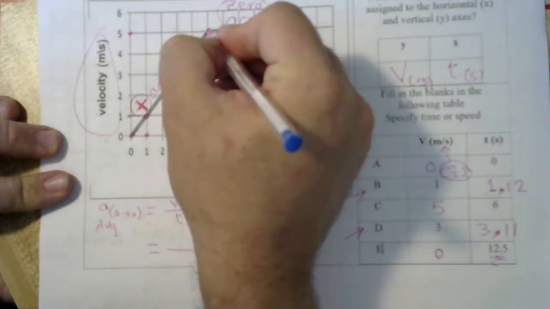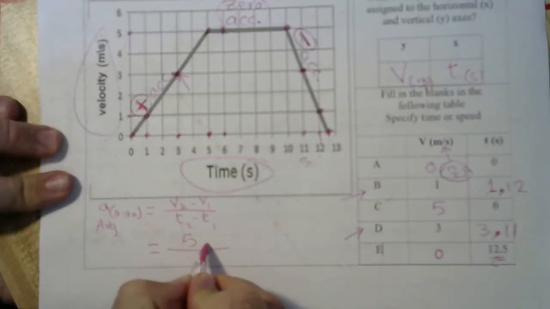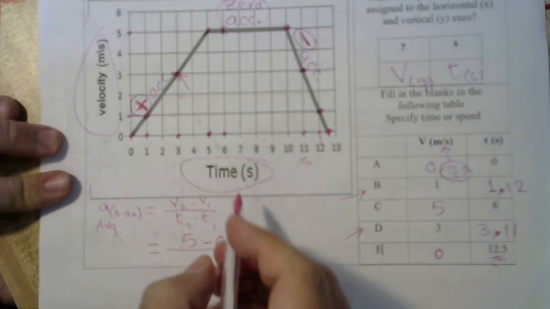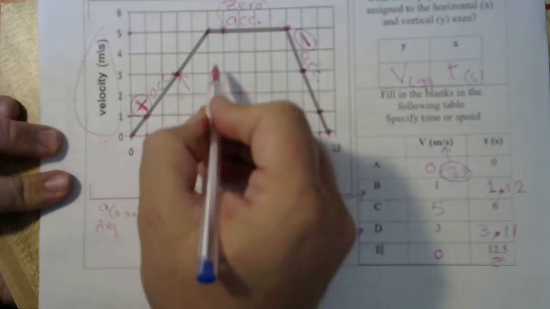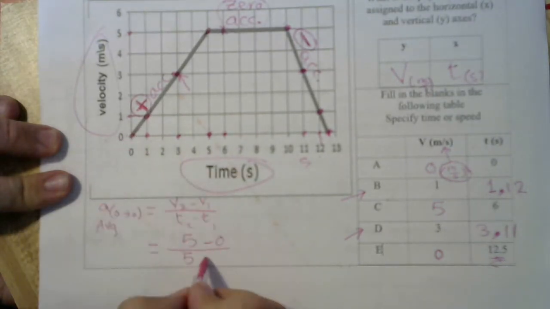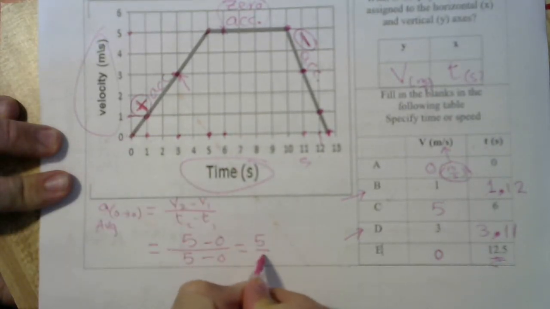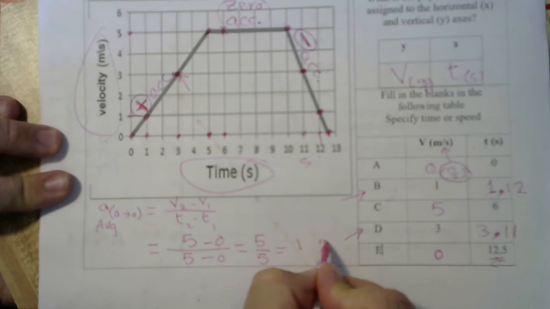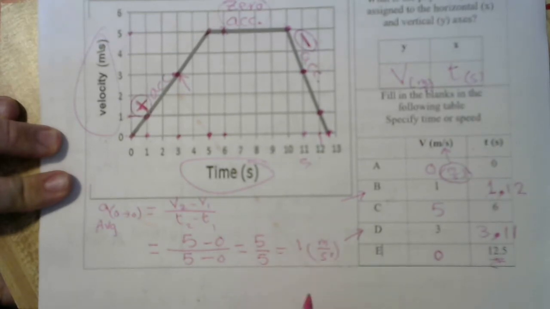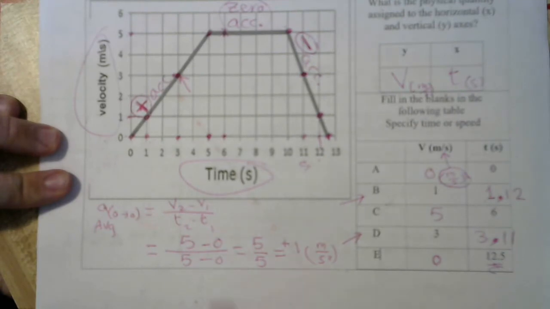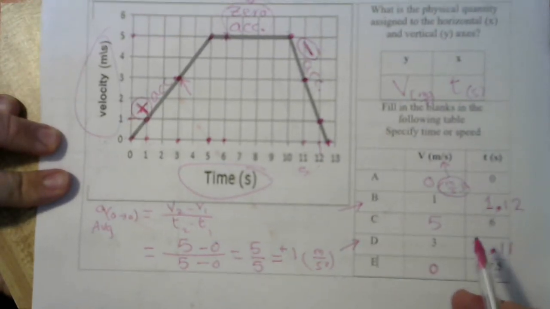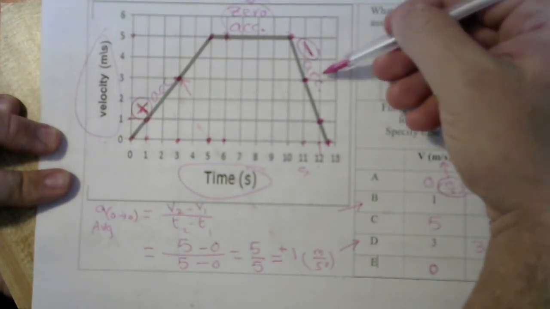I'll take this. v2 is 5 minus 0 divided by 5, t2 at this point. t1 is 0, which is 5 over 5, which is equal to 1 meter per square second, which is positive. That means the body is increasing its velocity. The velocity is increasing. What if I have negative acceleration?